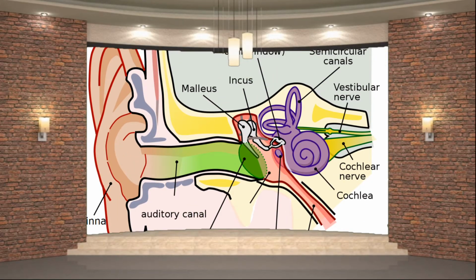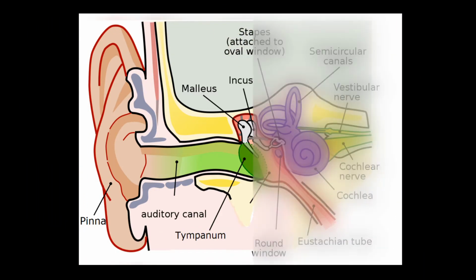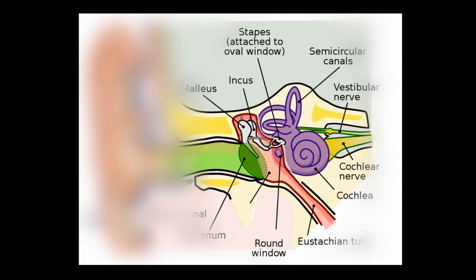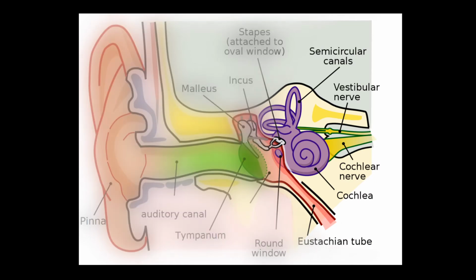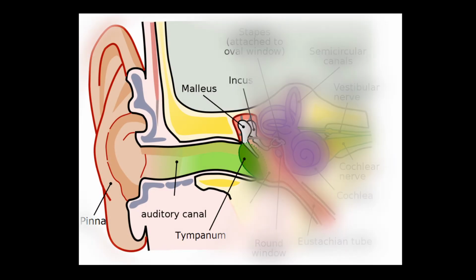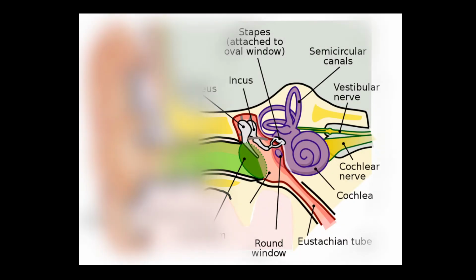Now let's recall the parts of our ear. The ear is composed of the external ear, middle ear and inner ear. The external ear includes the pinna, ear canal and eardrum, whereas the middle ear consists of ear ossicles, eustachian tube, oval window and round window.